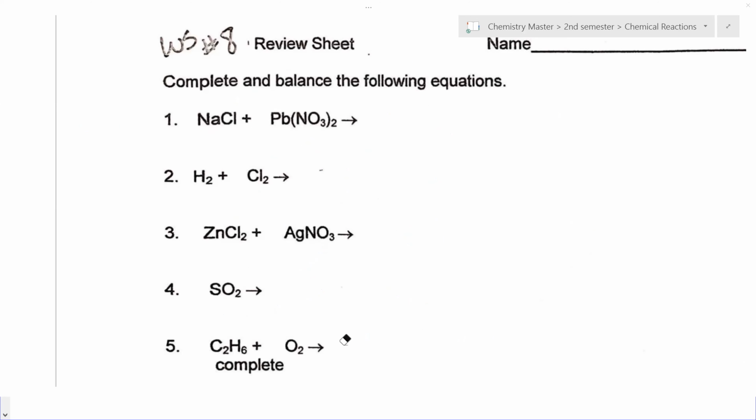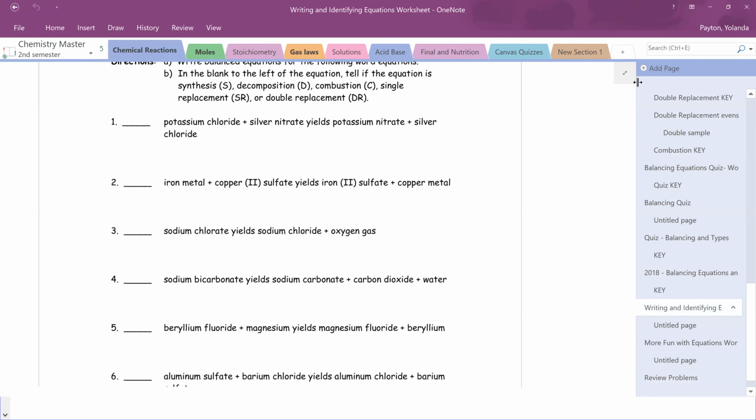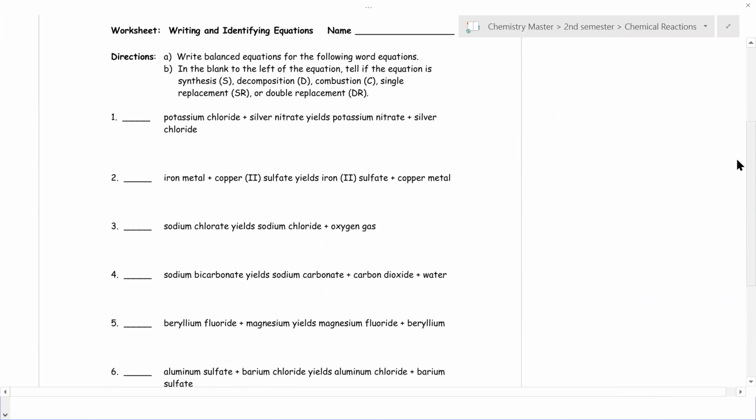All right. Where's the other one I was gonna do? I'll try to write it so you can see it. So here's the same thing. Potassium chloride, I'm looking at number 1.